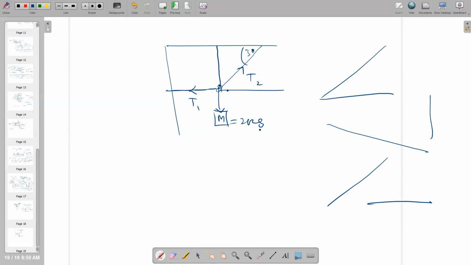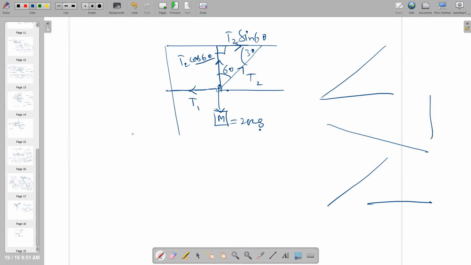If this is 30, this angle will be 60 because this is 90. So if this is T2 and I am taking this angle 60, then this will be T2 sine of 60. And this will be T2 cos of 60.